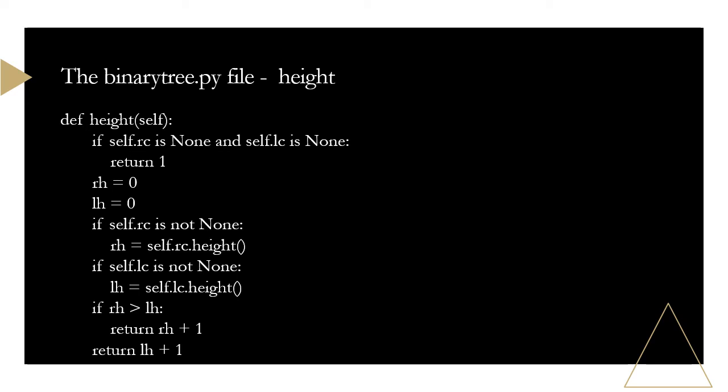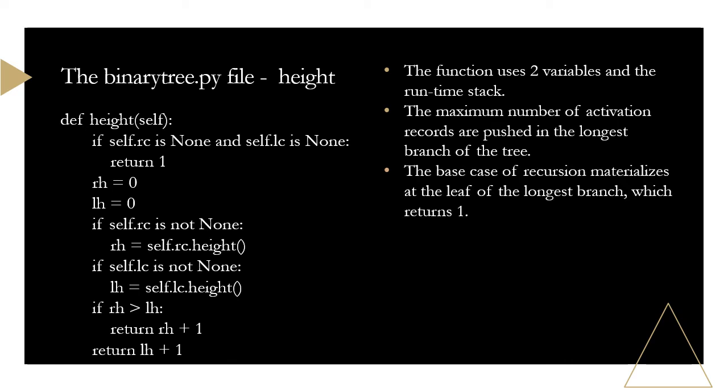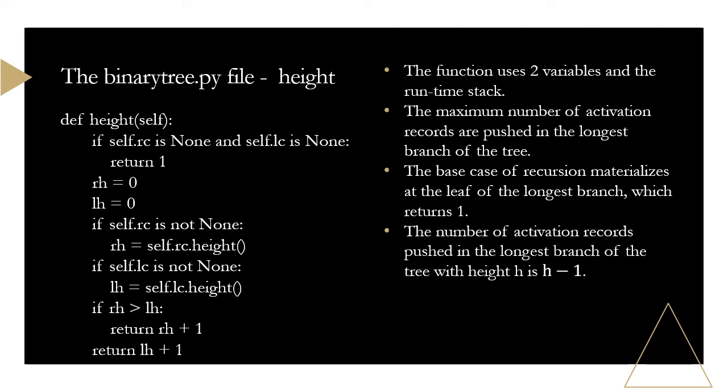Now let us talk a bit about the space taken by this function. The function uses two variables and the runtime stack. The maximum number of activation records are pushed in the longest branch of the tree. The base case of recursion materializes at the leaf of the longest branch, which returns 1.